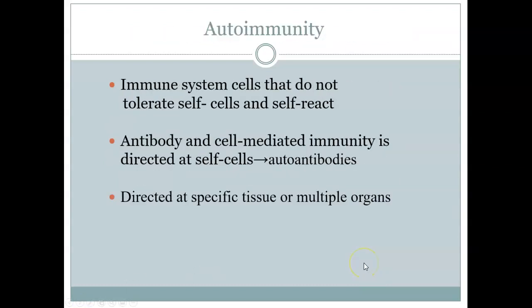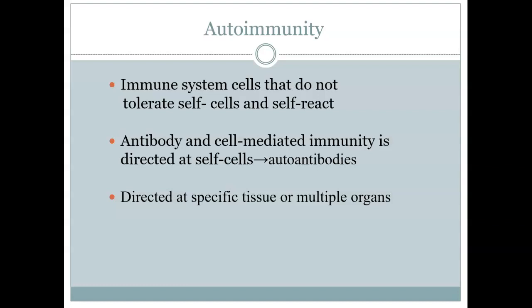So autoimmunity, patients who have autoimmune diseases, is when the immune system cells don't tolerate self cells and they react to them. So there's some kind of problem with the person's ability to recognize self from non-self.